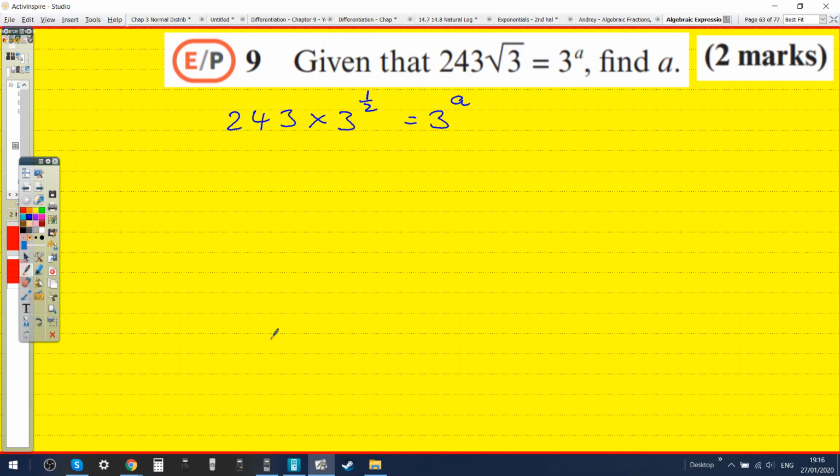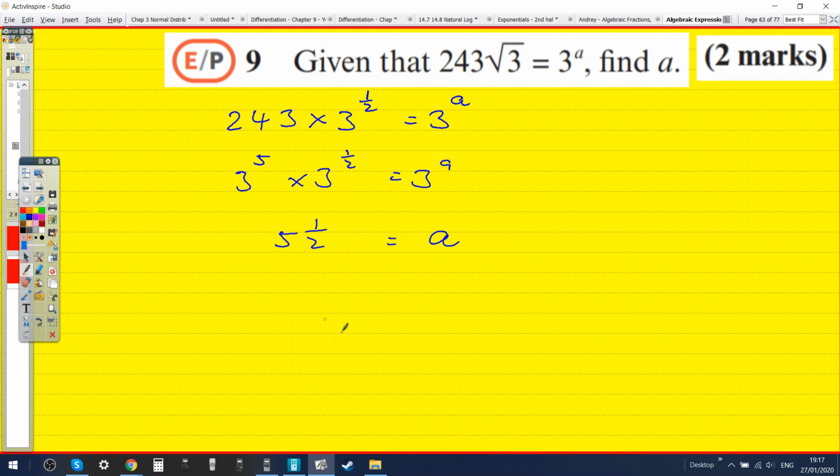And then I need to divide 243 by 81 to get 3, I think. So that'll be 3. And then 3 to the 5 is... equals 3a. So I think the answer will just be that a is 5.5.